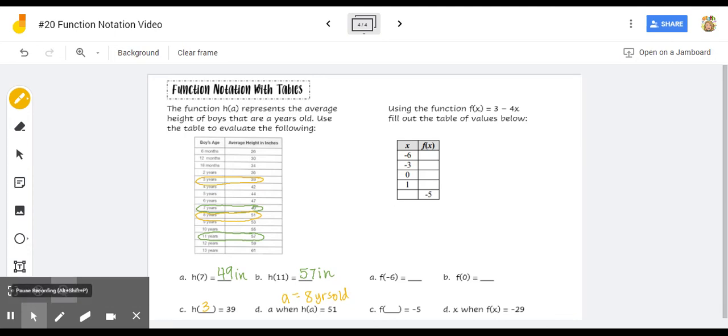All right. According to this last question, using the function f of x equals 3 minus 4x, fill out the table of values below, and then we'll also evaluate the following function notation. If I wanted to figure out what f of x is when x is -6, you'll use your function.